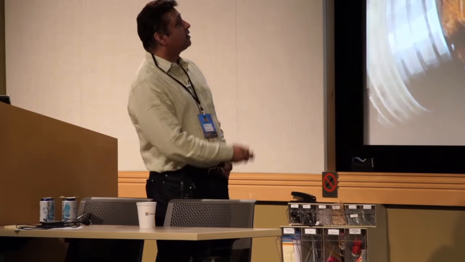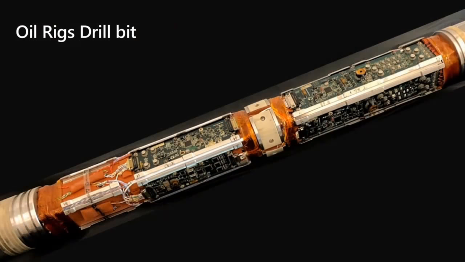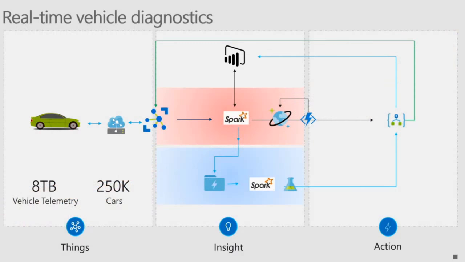And here's the picture of the drill bit. When I saw this, I was very excited, something very interesting. There is so much electronics and so much data coming out of this drill. It's unbelievable. One car manufacturer is using Cosmos DB, and they have these IoT devices.